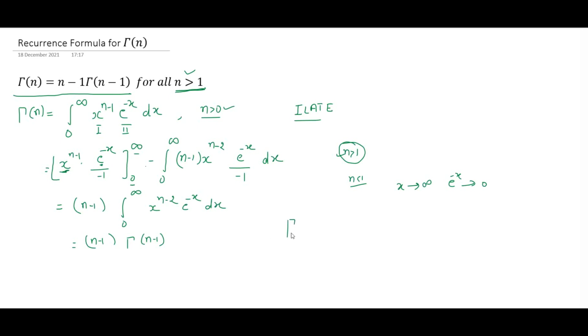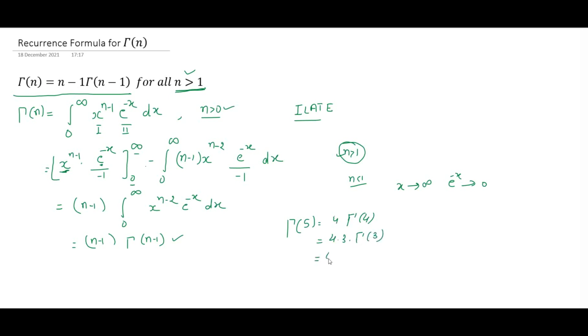If you want to calculate gamma of 5, then you can compute using this formula, 4 into gamma of 4. And similarly, gamma 4 can be calculated as 4 into 3 gamma of 3.